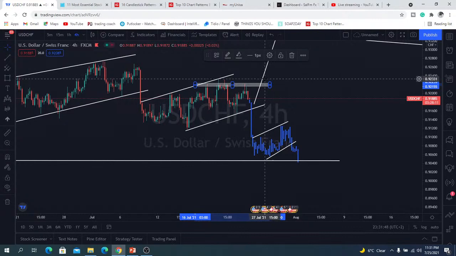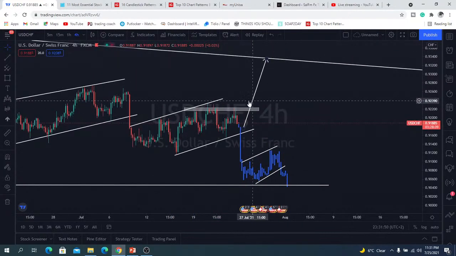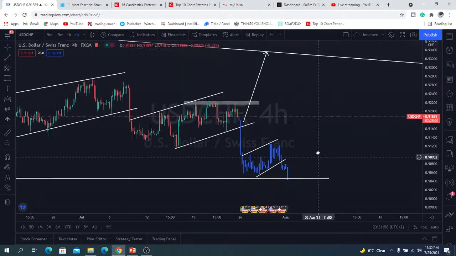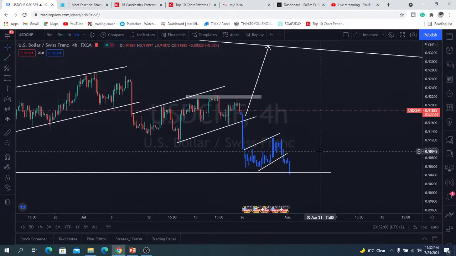Once it breaks this zone, then I will enter my buys here. That's how I'm going to aim for my opportunities. Right now I'm just going to wait to see exactly where the market will go.